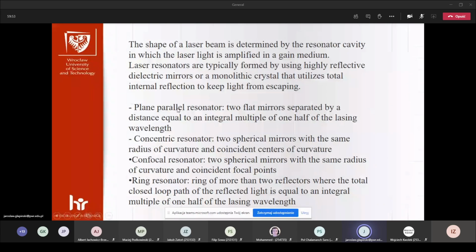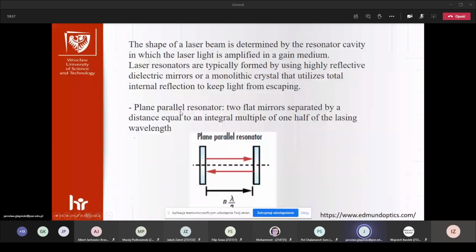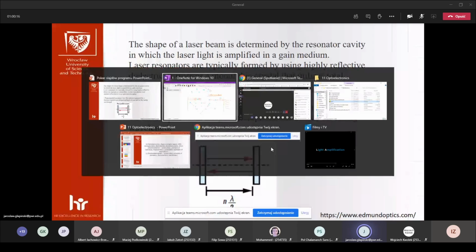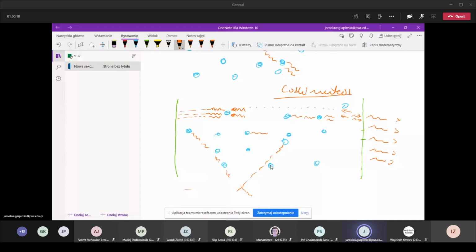We have different kinds of mirrors. This is the resonance of the parallel mirrors. Of course, it is important what the distance between the mirrors is, because we need to achieve resonance.